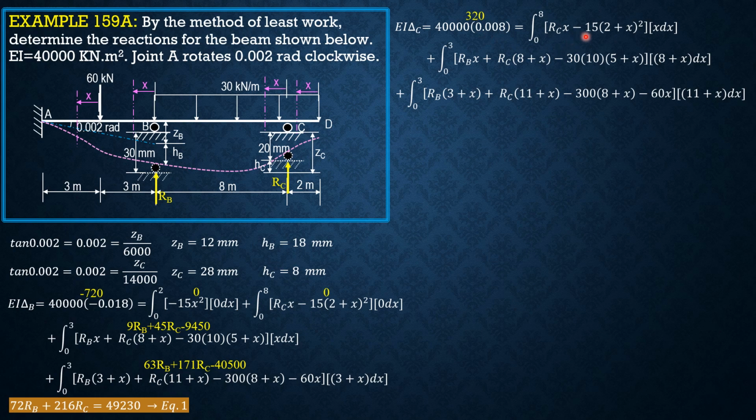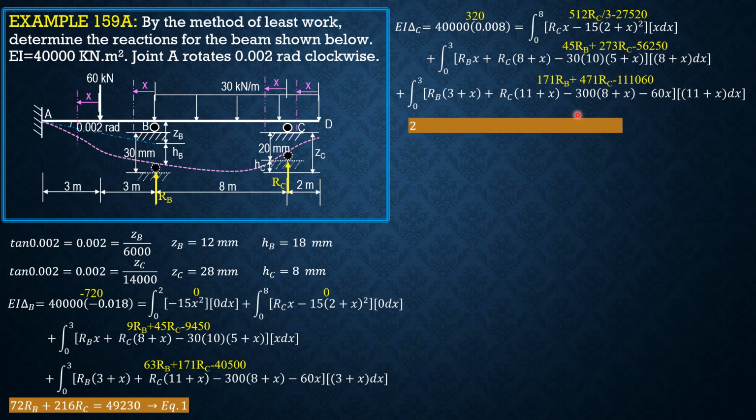The first integral, R sub C and constant, 512 over 3 R sub C minus 27,520. For the next integral, 45 R sub B plus 273 R sub C minus 56,250. And for the last integral, 171 R sub B plus 471 R sub C minus 111,060. Combine like terms and simplify. So we have 216 R sub B plus 2744 R sub C over 3 equals 195,150.